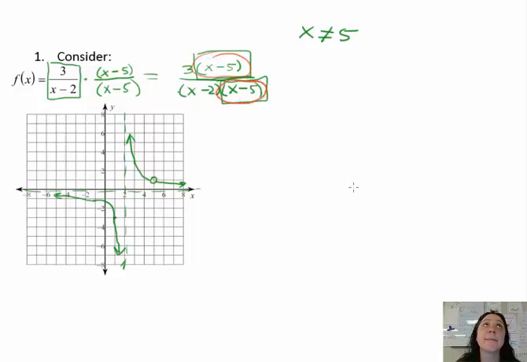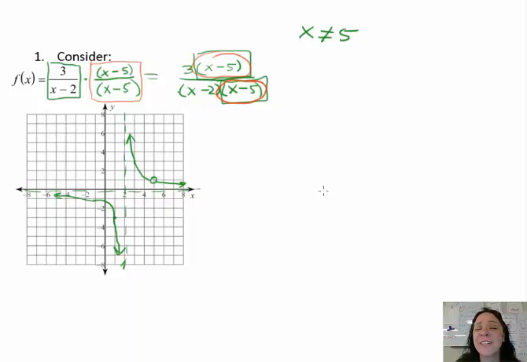Most of the time that you're going to see this in an expression, it's not because you watched me multiply it in, it's because you're going to factor the expression and discover that there is a common factor in the numerator and in the denominator. Those are what we call removable discontinuities, or holes, and they are not going to give us vertical asymptotes. That's why it's important to factor the numerator as well as the denominator.